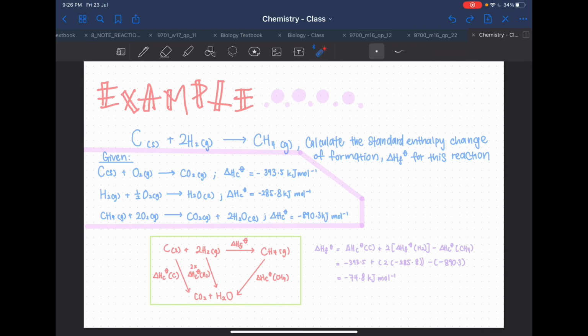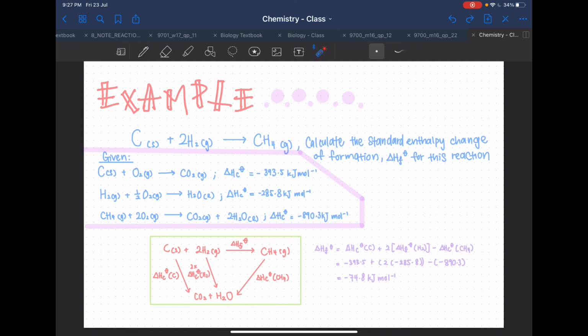The standard enthalpy change of combustion of methane is here, and we connect it this way because it's combusted to form carbon dioxide and water. In order to form an equation, we need to swap the direction of this arrow so that it can go this way, this way, this way, so that it can have an indirect route.